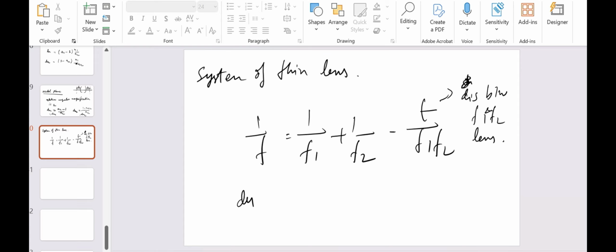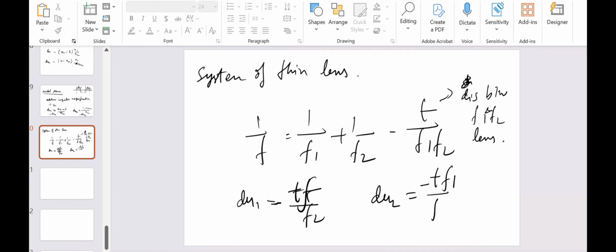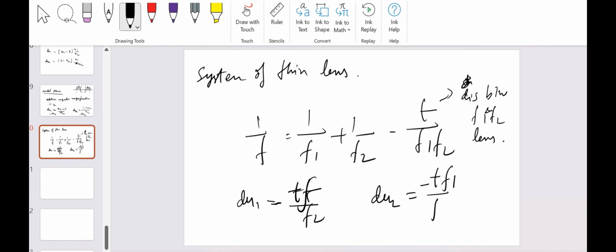The unit planes will be given by tf by f2 and minus tf by f1. So these are the different equations we need throughout the question solving.